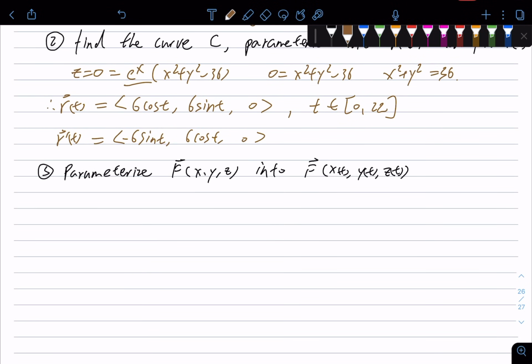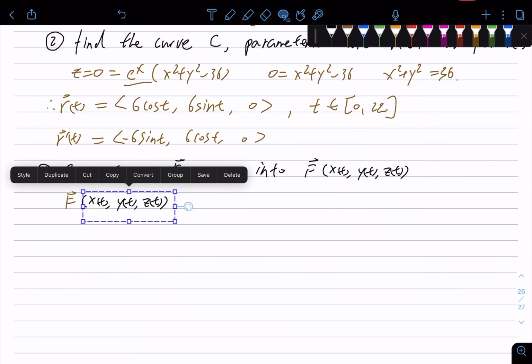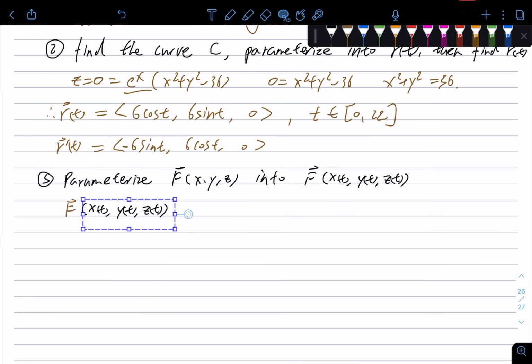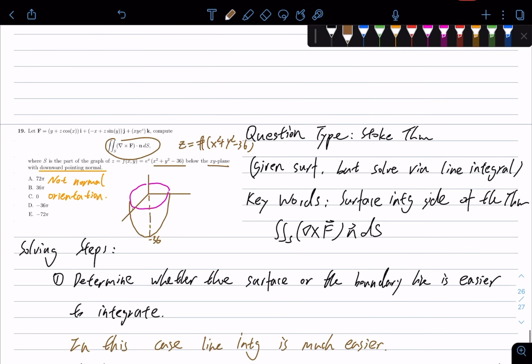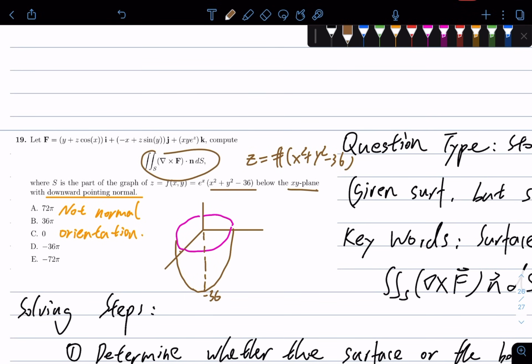All right, for this problem, f of the whole thing equals, well, let's start with just f. So f equals y plus z cosine of x. Looks scary, right?